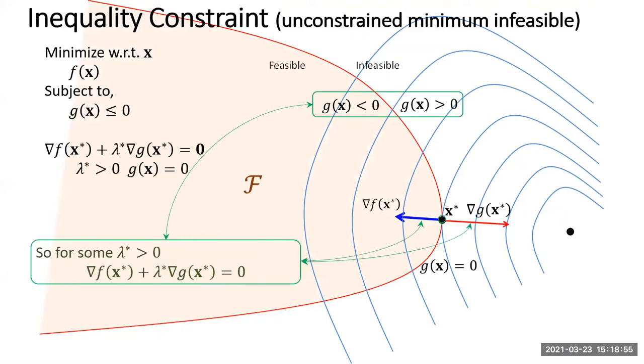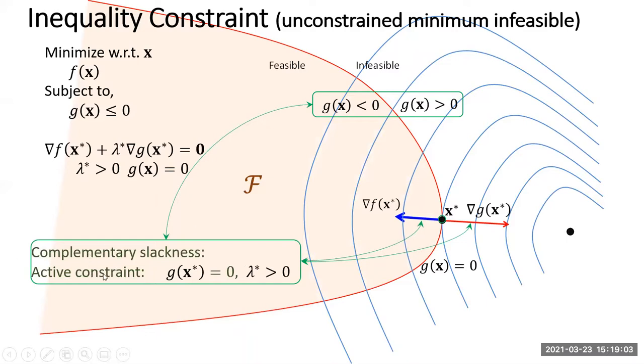Okay, so this is where we were. So the constraint is active. For the active constraint, g_i equals 0, the corresponding lambda dual variable is strictly greater than 0.